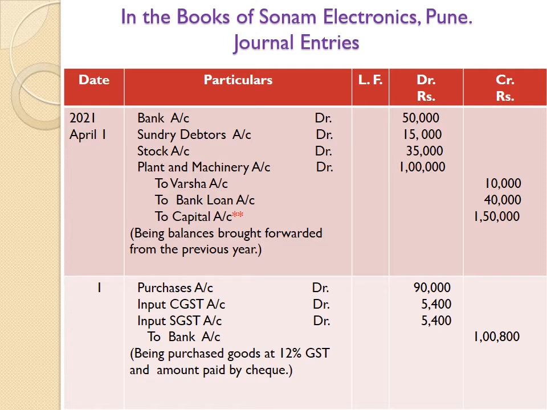On the same day, we have purchased goods of rupees 90,000 at 12% GST. So value of goods 90,000, amount of GST at 12%, 10,800.